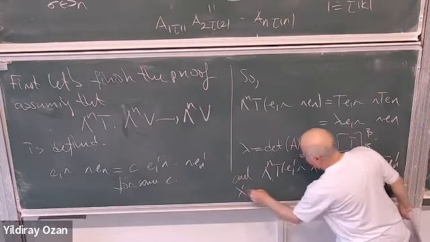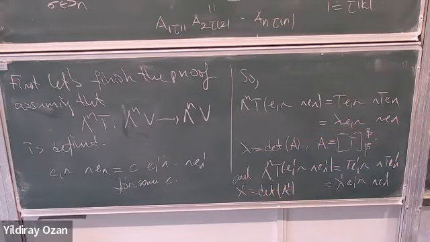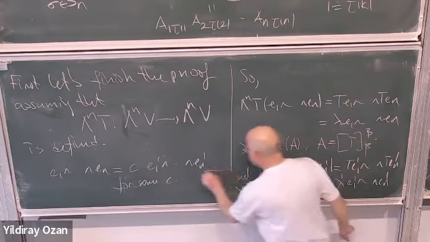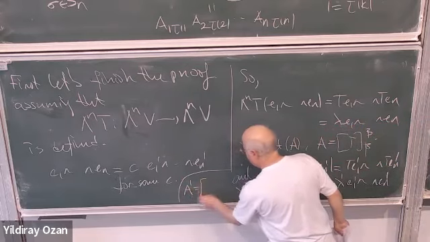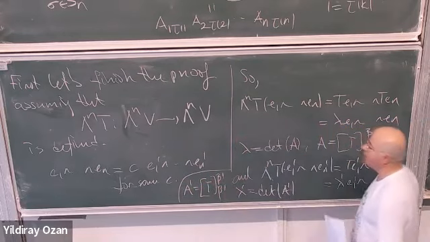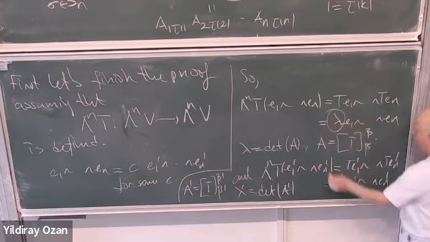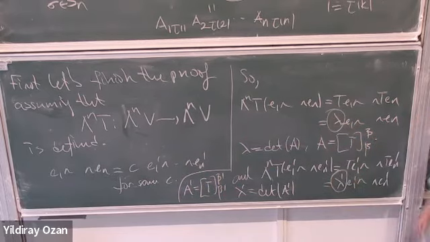But lambda prime is just the determinant of A prime. A prime is just the matrix representation of T in the basis beta. And our aim is to show that this lambda and this lambda are the same.